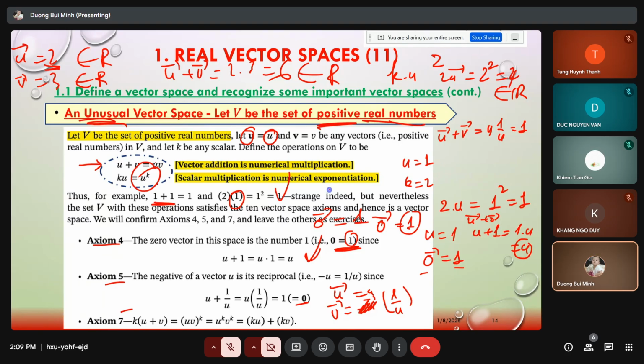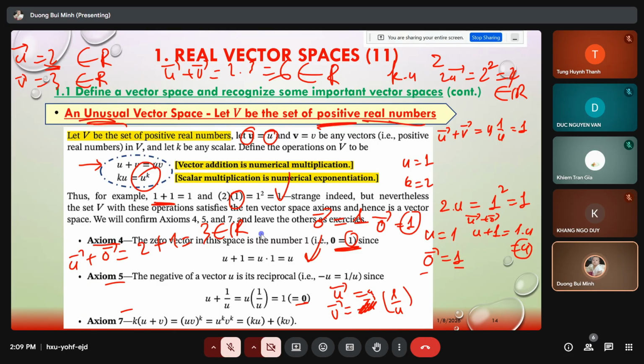And then if u is 2 plus the zero vector, you get 2 plus 1, you can get 3, which belongs to the real numbers.